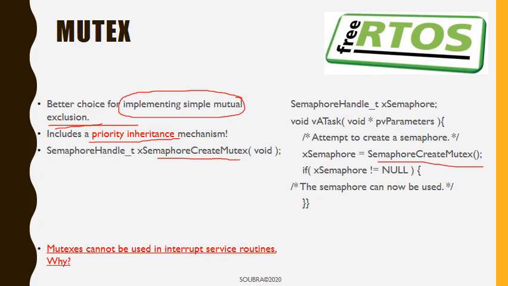Alright, this is an important remark here. So here I'm claiming that we cannot use mutexes from an ISR, interrupt service routines. How come? Because remember last time we said that the difference between the mutex and the normal semaphore, which is a binary or a counting one, is that this one has some ownership associated to it.